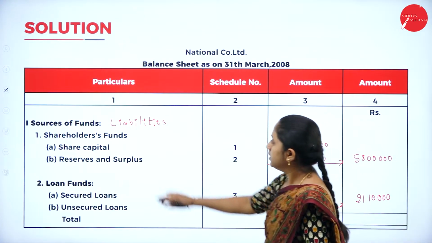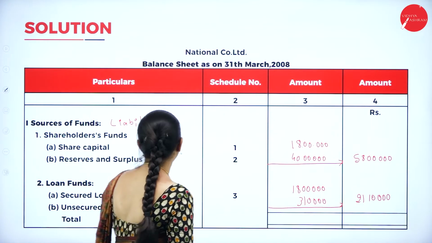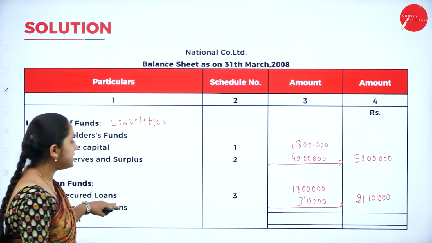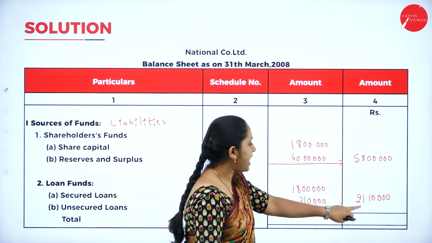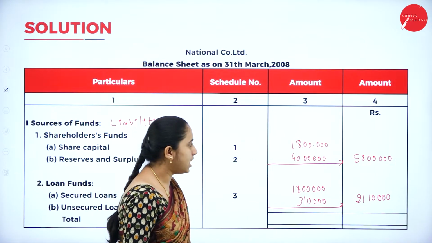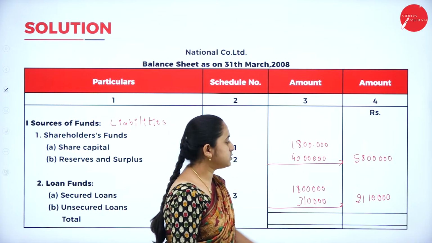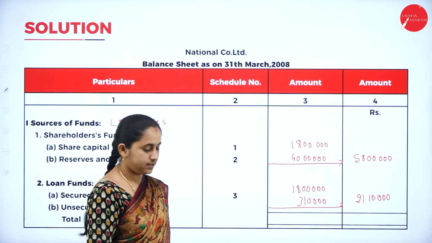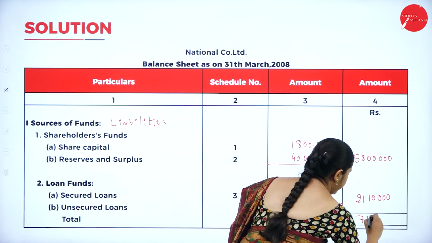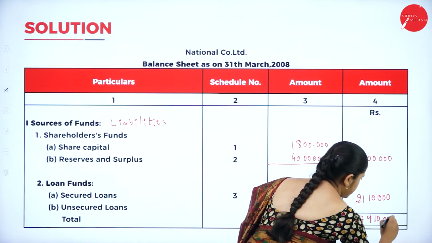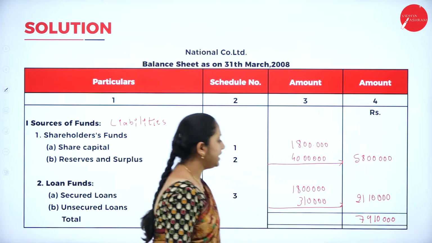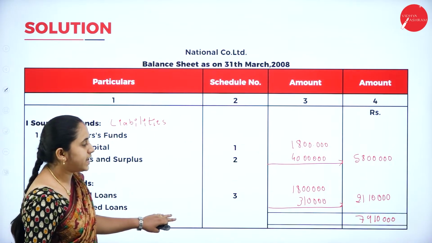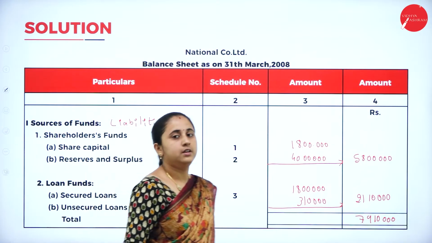Now liability total, that is shareholders' funds plus loan funds: 58 lakh plus 21 lakh 10,000 is 79 lakh 10,000. So total liabilities is 79 lakh 10,000.